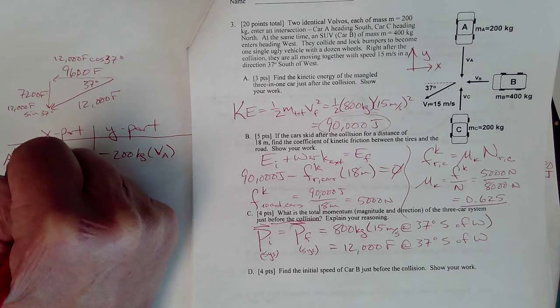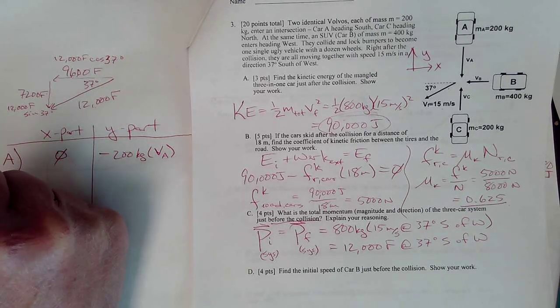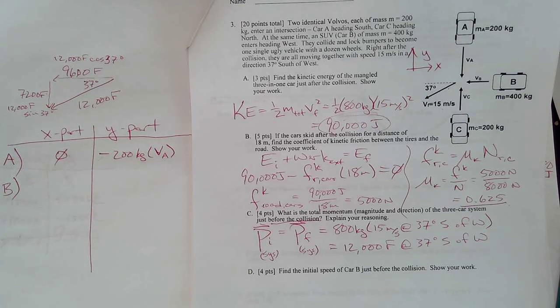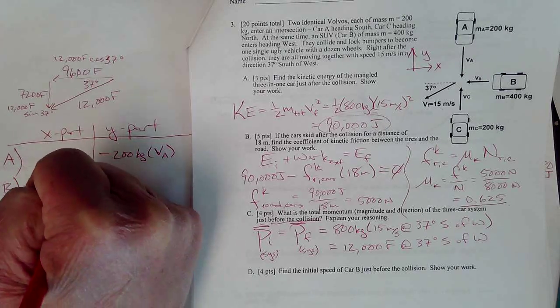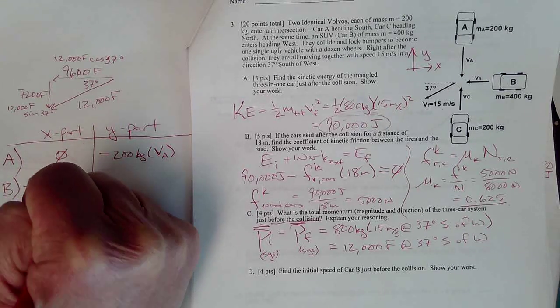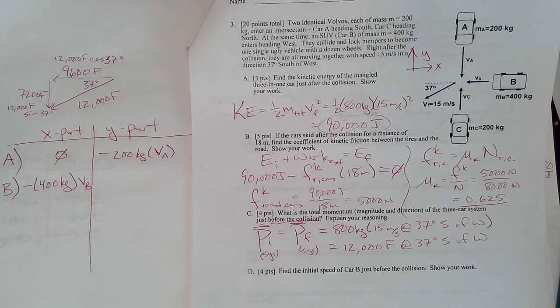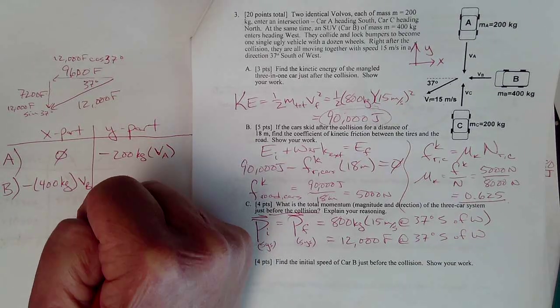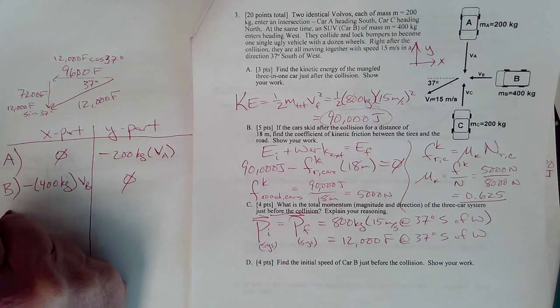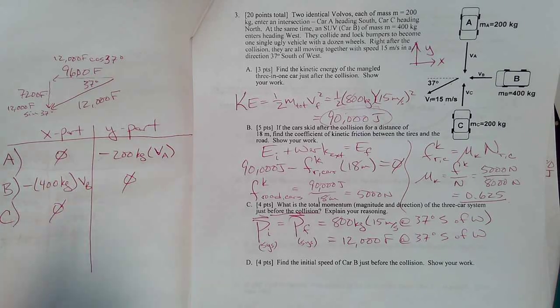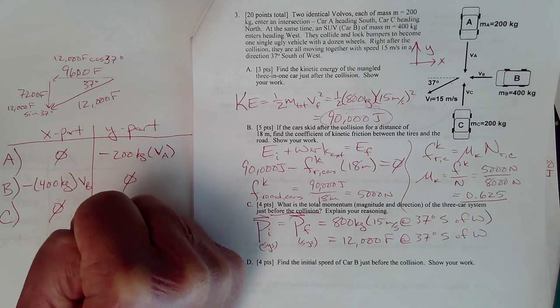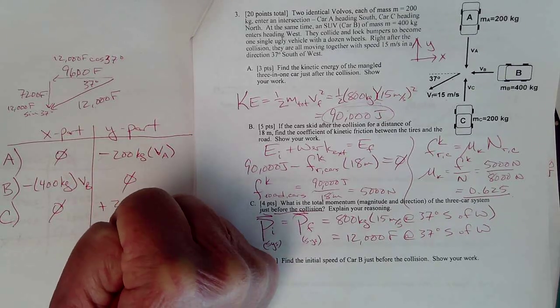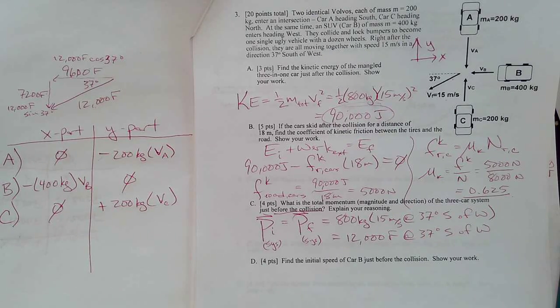And it's got no momentum in the x direction. If I look at B, it's got momentum in the negative x direction, negative 400 kilograms times VB. And again, VB is going to be a positive quantity, a speed, because I've already got the minus sign out here. It's got no momentum in the y direction. And if I look at C, it has no momentum in the x direction. It's all in the positive y direction, 200 kilograms times VC. And VC is a positive speed.